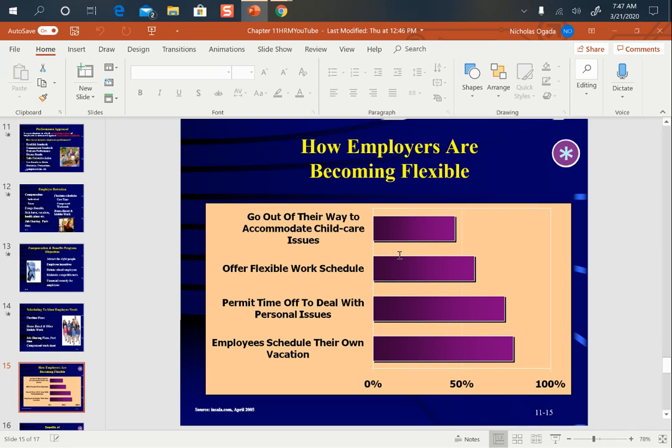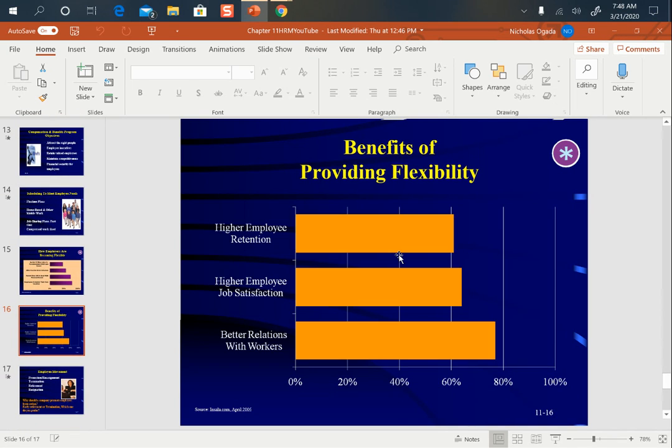Some provide daycare on site. Some even pay for daycare outside. Others cover 50%, whatever it is. So they're trying to be as flexible as they can, to incentivize and also to keep employees.